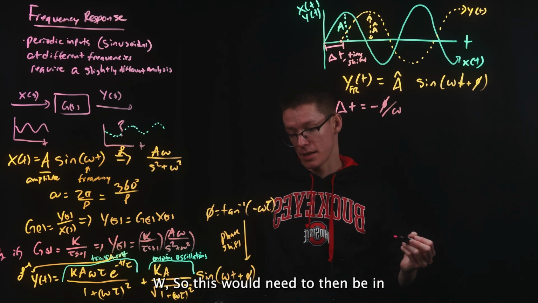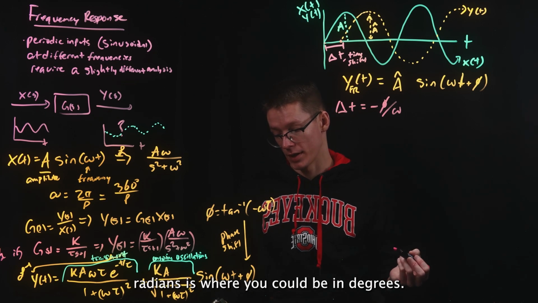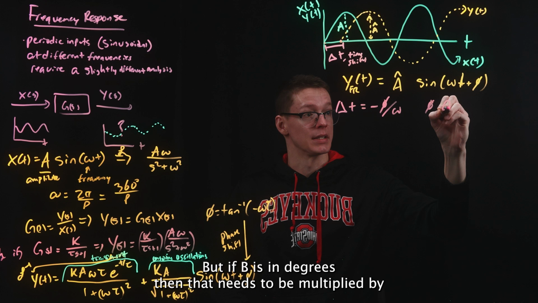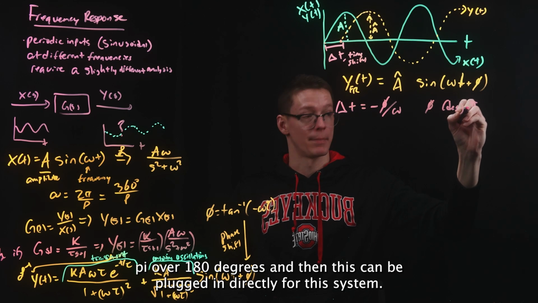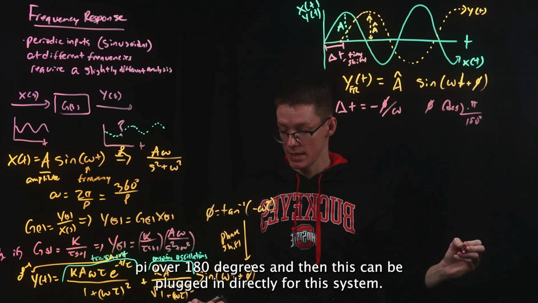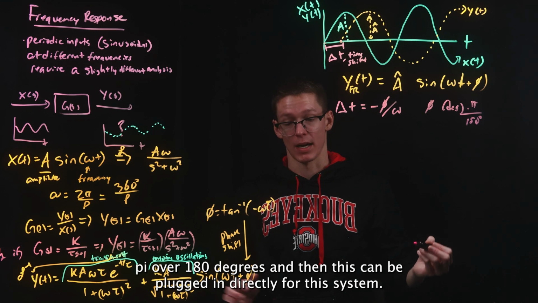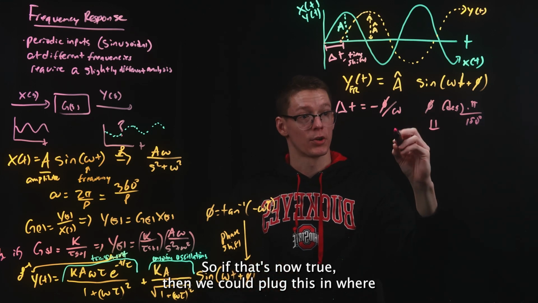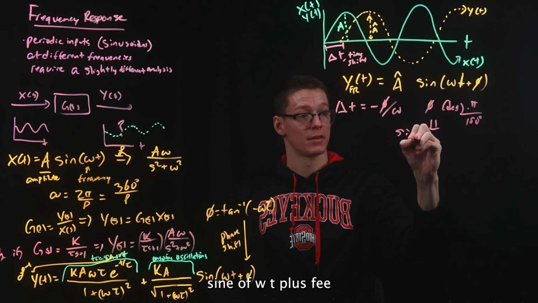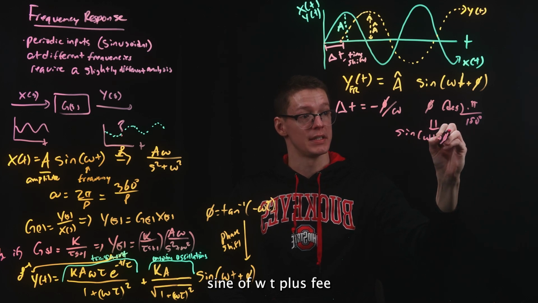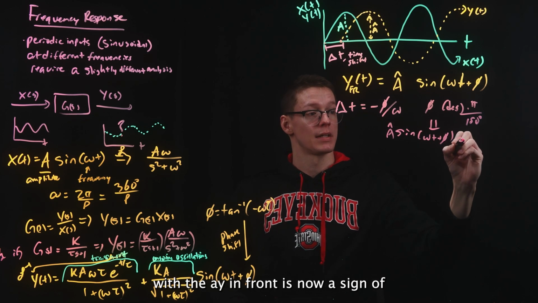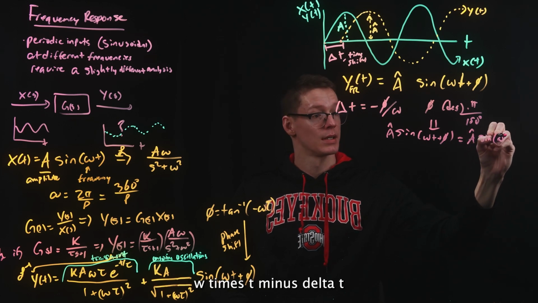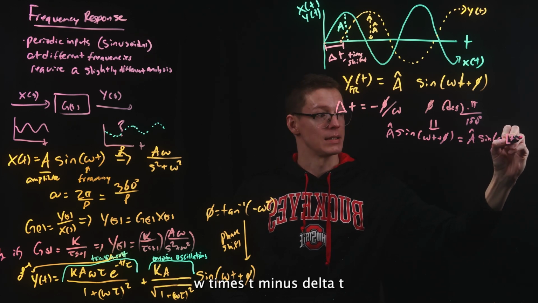So this would need to then be in radians, where phi could be in degrees, but if phi is in degrees, then that needs to be multiplied by pi over 180 degrees. And then this can be plugged in directly for this system. So if that's now true, then we could plug this in where sine of wt plus phi with the a in front is now a sine of w times t minus delta t.